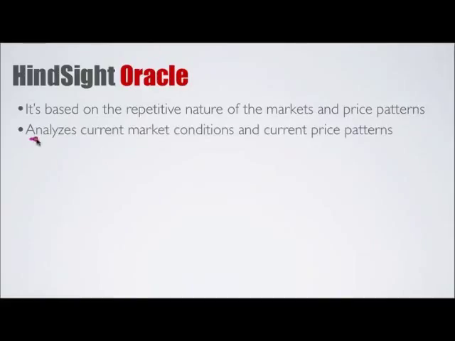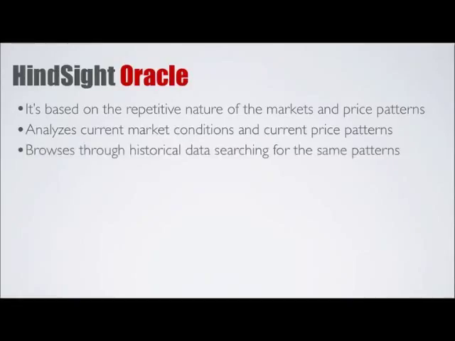Firstly, the indicator analyzes current market conditions and current price patterns that we may be seeing right now on any specific currency pair and time frame. Basically, it takes a static screenshot of what's going on right now in the market. Then it browses through historical data for that same currency pair in that same time frame, searching for the same pattern, or at least a similar pattern, to what we are seeing right now in our charts.